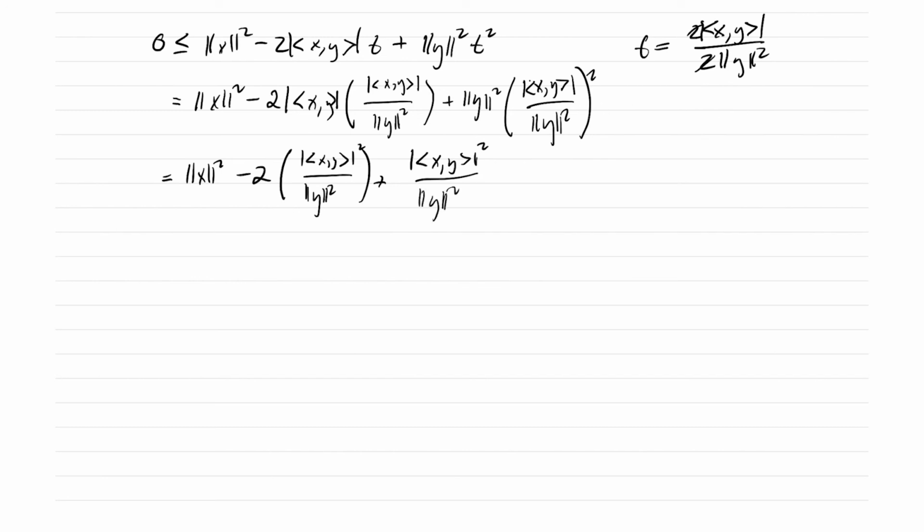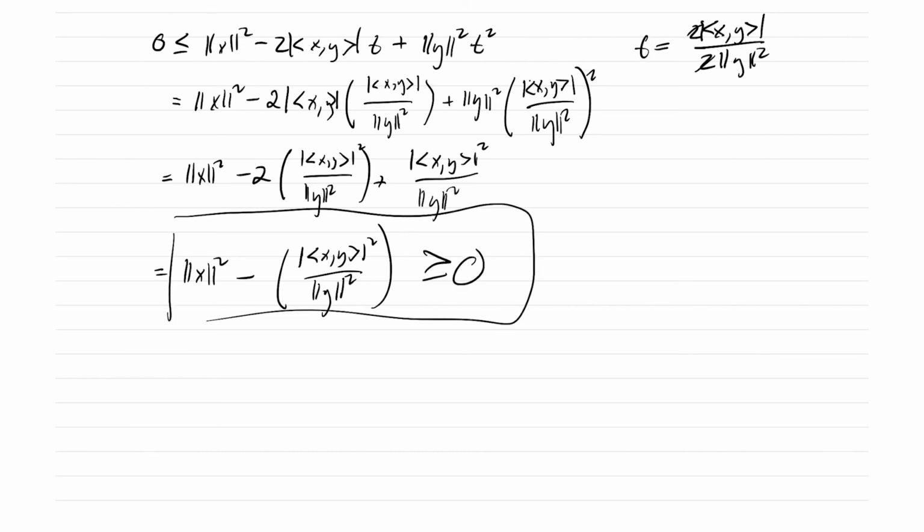When that cancels, we add one more of those, then we can combine these two, combining coefficients, over y squared. All right, so that's what we get. This is bigger than or equal to 0. So with just a couple of rearrangements, I can move this over and then multiply by y squared, and you get the result.